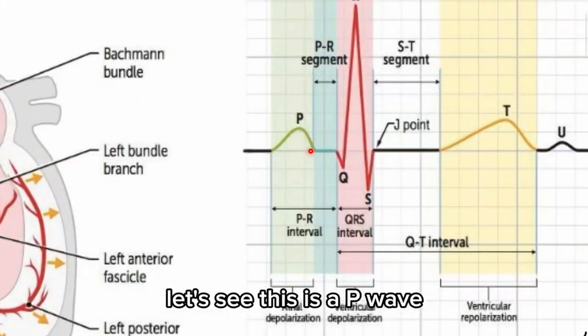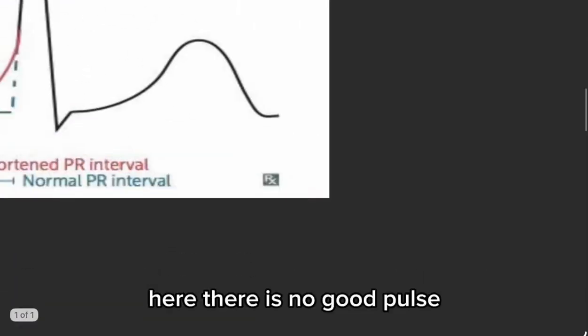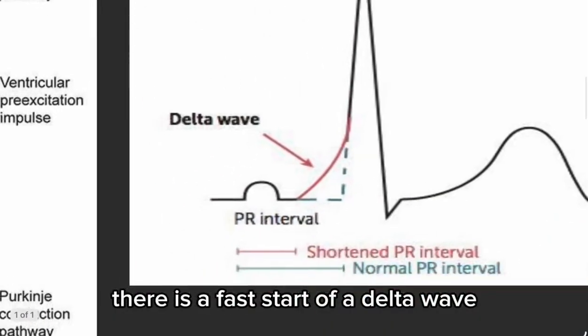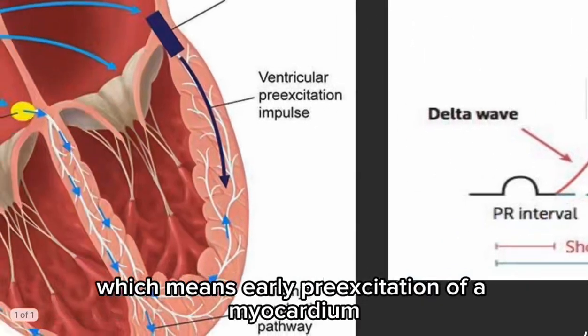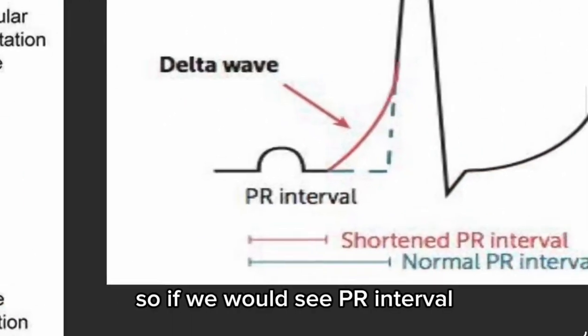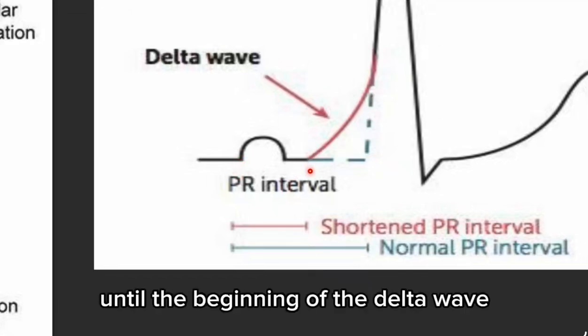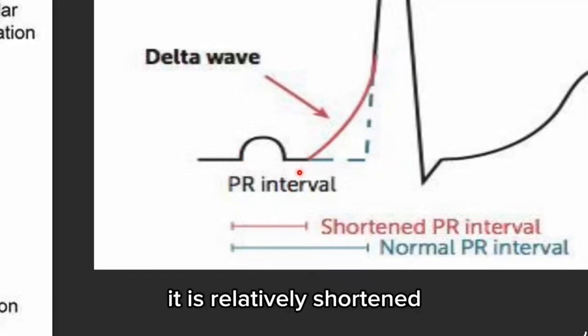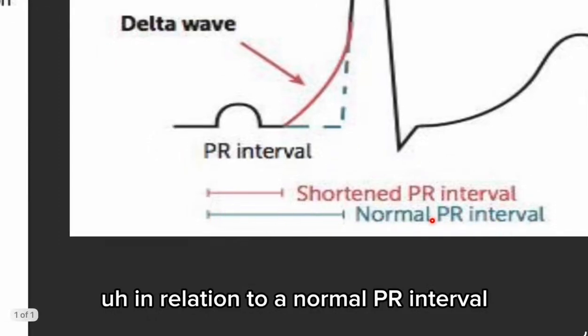Let's see, this is a P wave, then there is a good pause, and there is a QRS. Here, there is no good pause. There is a fast start of a delta wave, which means early pre-excitation of the myocardium. So if we measure the PR interval from the beginning of the P wave until the beginning of the delta wave, it is relatively shortened in relation to a normal PR interval.